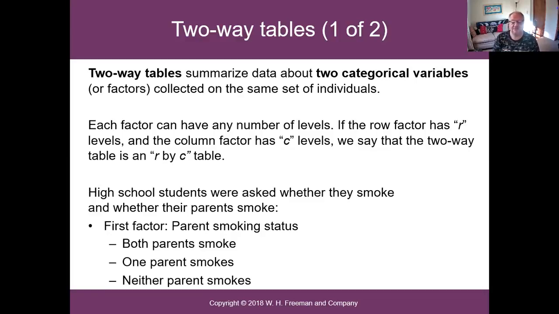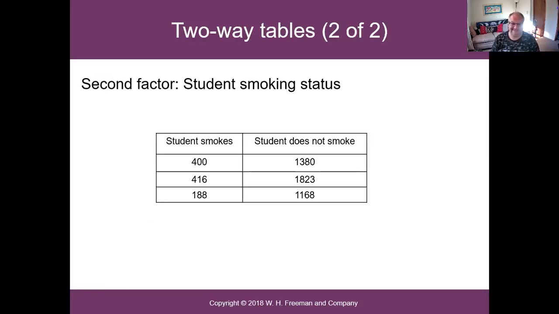And then I can ask you specifically, do you smoke or not? Now there's 2 levels of that. Either you smoke or you don't, see? So in this situation, you're talking about one factor that has 3 levels, your parents' smoking status, and then the other factor having only 2 levels, your smoking status. Looking something like this, let's pretend for a minute that this is our two-way table.